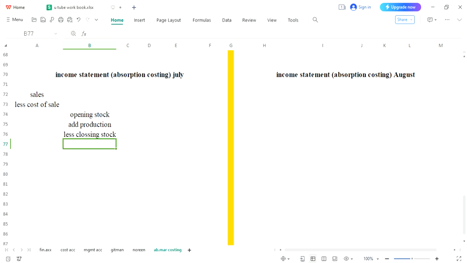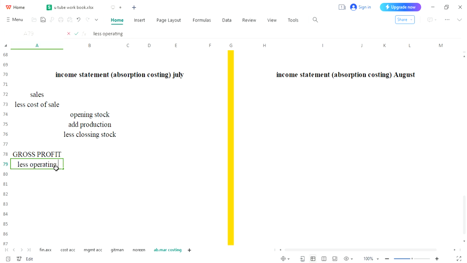In this way, total production cost will come and you will subtract, and finally you will get your gross profit over here, after which we will again subtract our operating costs. So here we will be writing our operating cost.